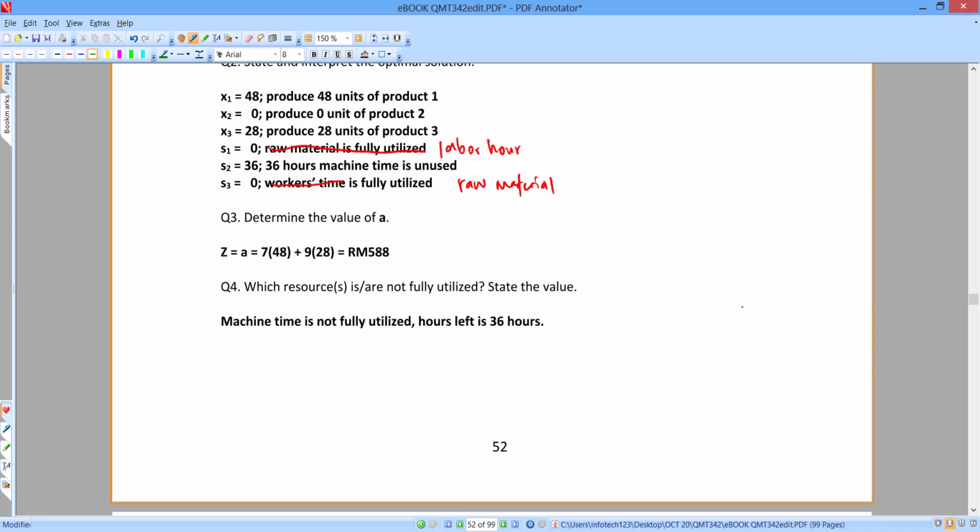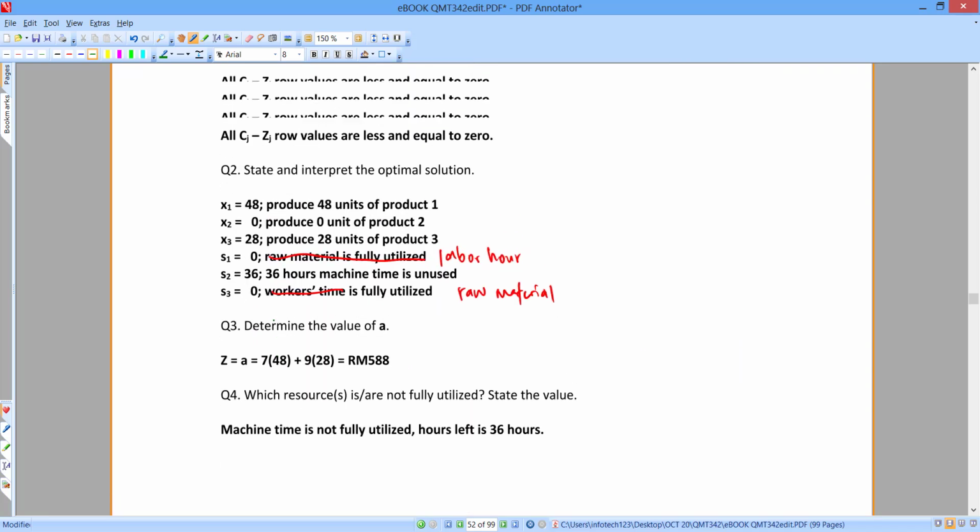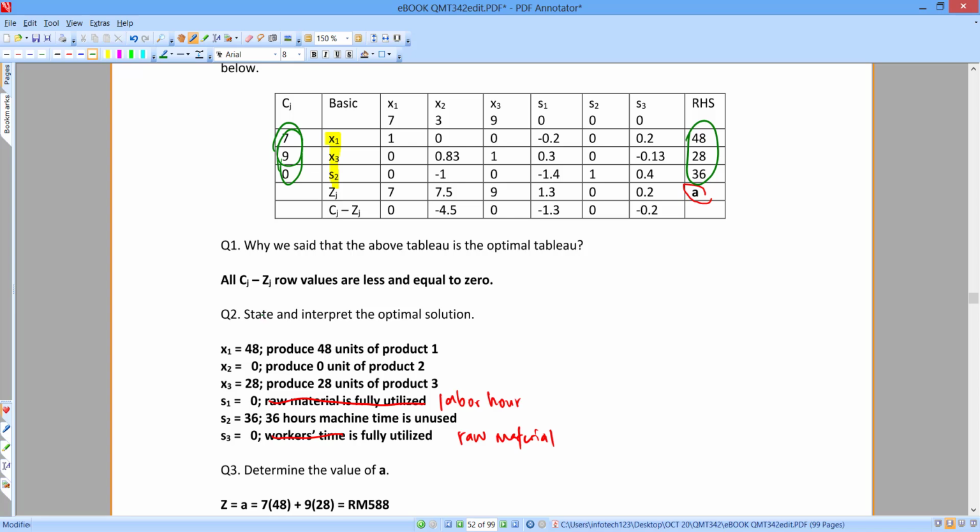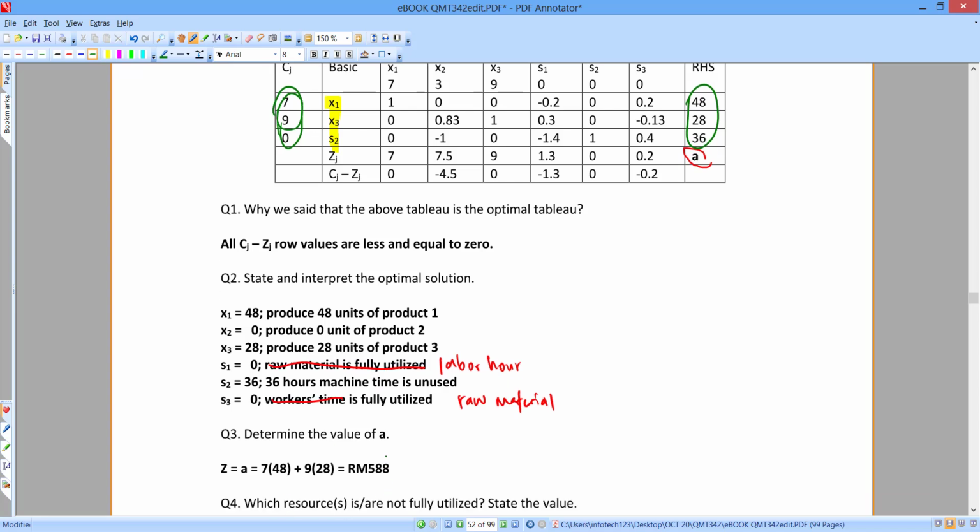Okay. So you take 7 multiply with 48 plus 9 multiply with 28 plus 0 multiply with 36. So you will get the answer 588. Itu simple lah. Along ZJ row semua sama konsep dia. In fact kalau nak dapatkan 7 kat sini pun, you take this value 7 multiply dengan, kan ingat multiply and plus kan.